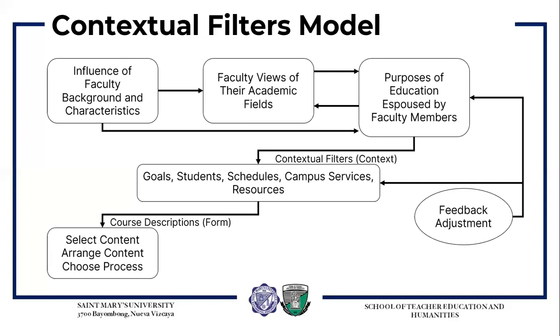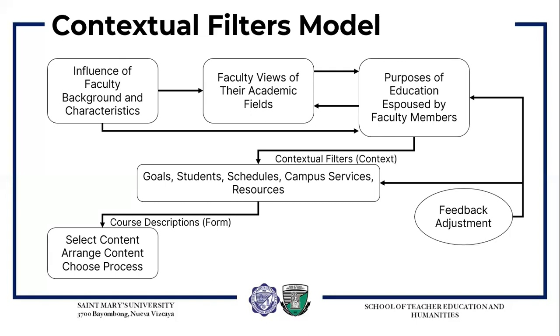Now, our purposes of education espoused by faculty members will be considered in our development of goals, on the experiences that the students will need, the schedules of our subjects, even campus services and resources. So those will be considered as the contextual filters.